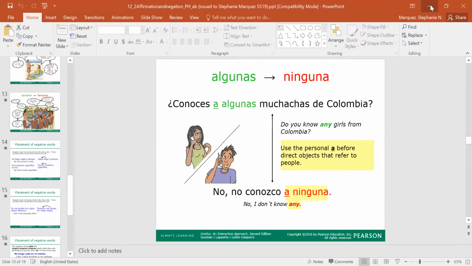I would take that to mean, have you traveled at some time, or have you ever traveled to Panama? And the answer, no, nunca he viajado a Panamá. We have the present perfect right here. And this word nunca is another one. If it is in bold, you need to memorize it as vocabulary.